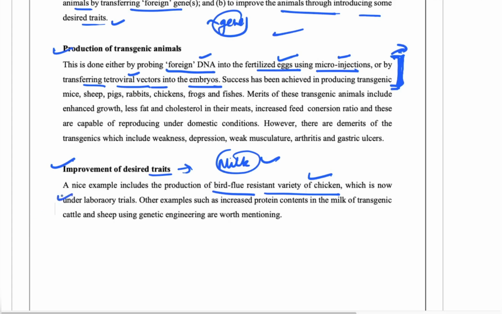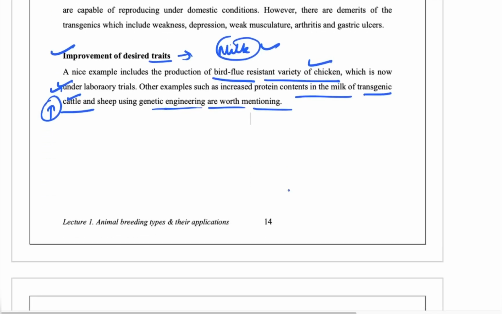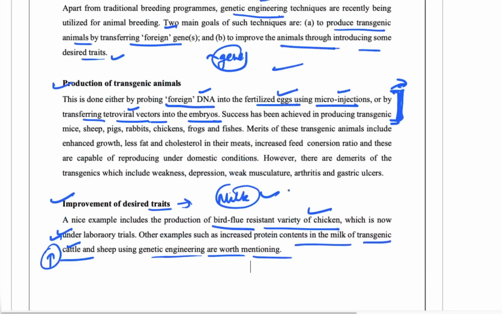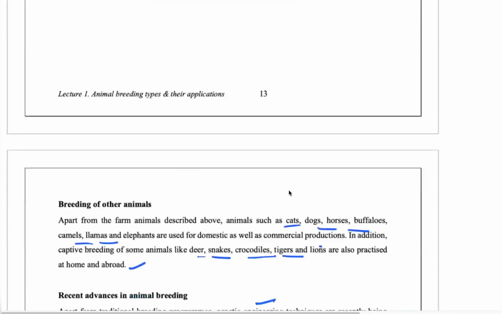Once it is done, it will come to the public also. Another example is the increased protein content in the milk of transgenic cattle. This has basically been done in cattle and sheep using genetic engineering, and these things are being done in the laboratory, and then they will come into the field so that we can take advantage of it. So basically there are certain things happening in the area of animal breeding to increase its benefits, right? So this was all about animal breeding.